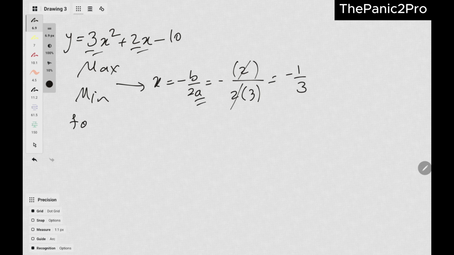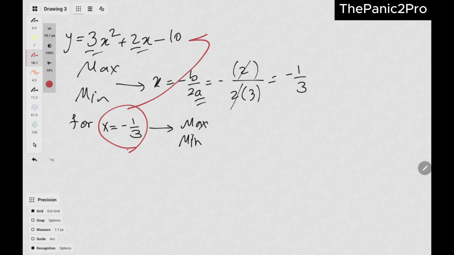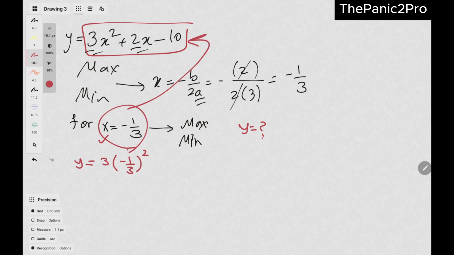So for x equals minus 1 over 3, I will have a maximum or minimum. So I will plug that coordinate into the equation here, and I want to see how much is my y. So y is 3x², my x is here, minus 1 over 3 squared, plus 2 times minus 1 over 3, minus 10.